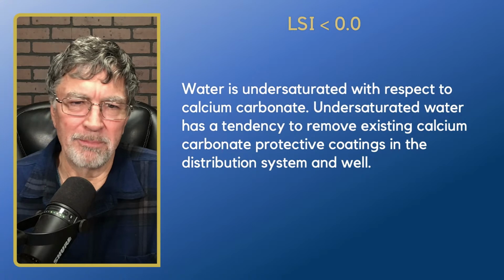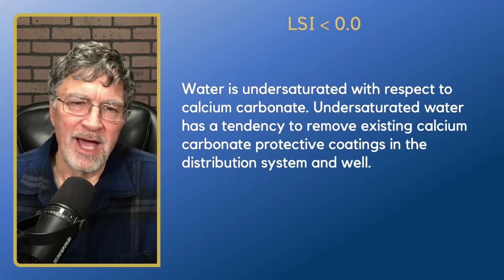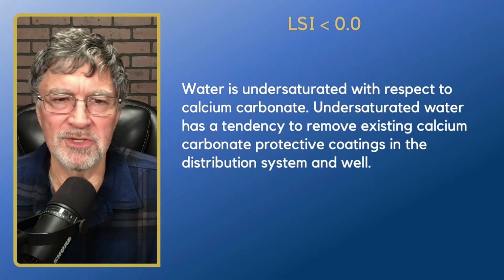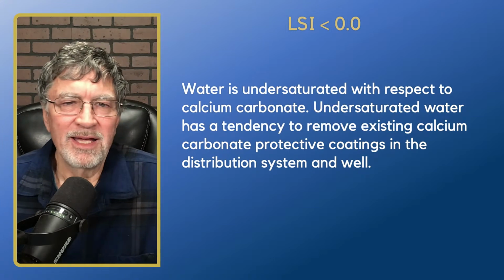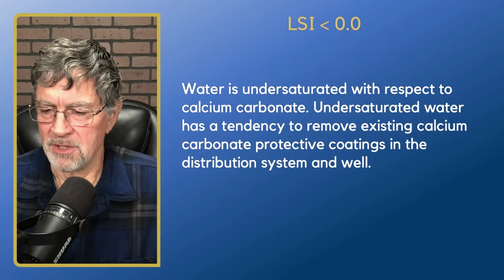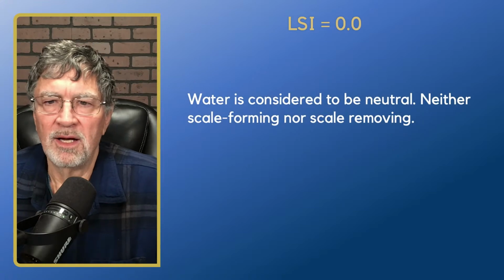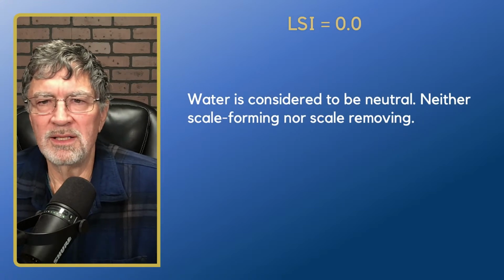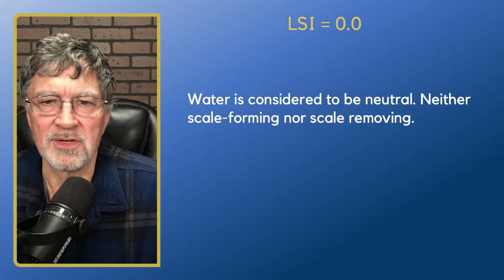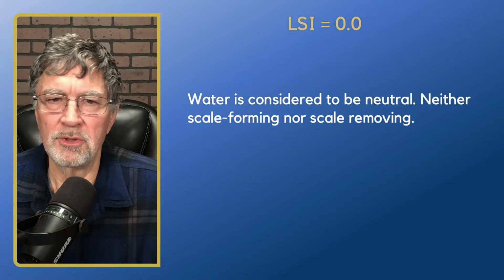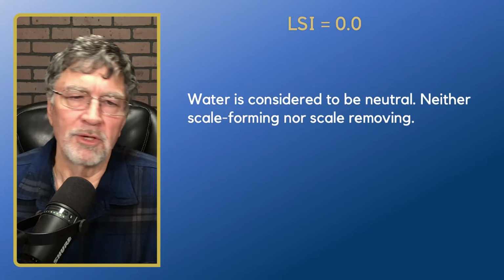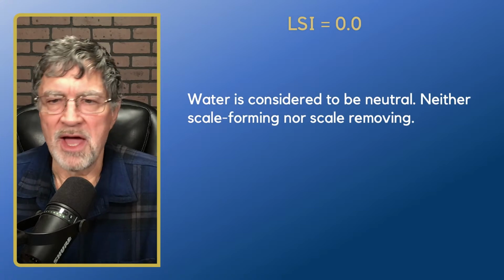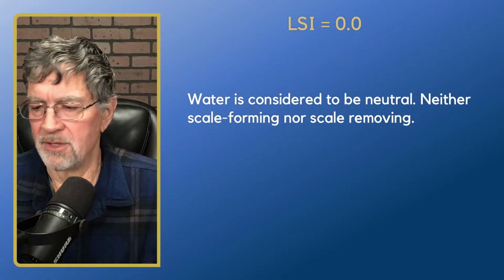You might be able to do that in a pool. You might be able to do that in a distribution system, but in a well, in actual practice, that's going to be very difficult to do. Once again, with the LSI at 0, the water is considered to be neutral, so it's going to be neither scale forming nor scale removing, and that's the balanced water that you'll hear termed.